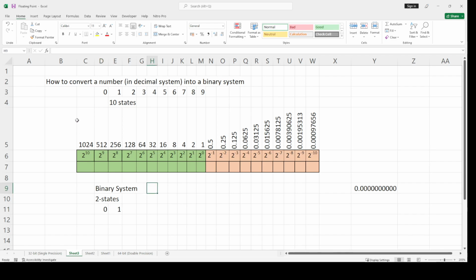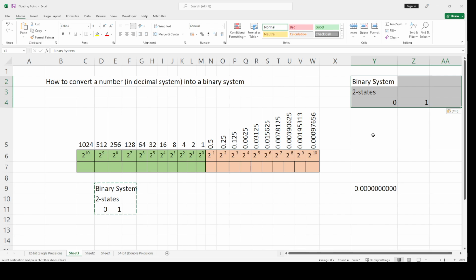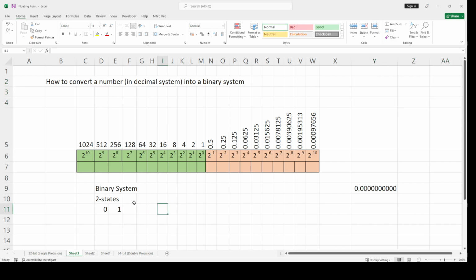So here, I will erase this one, and put the binary system here. Two states, 0 and 1.